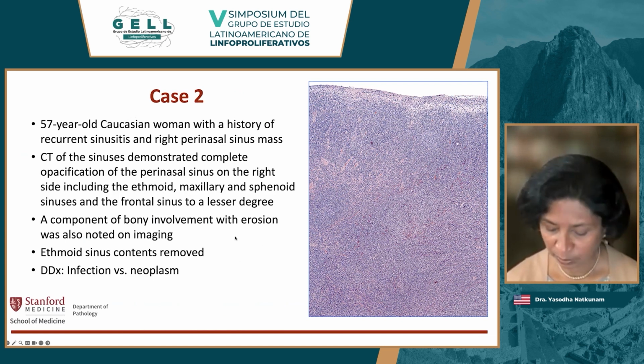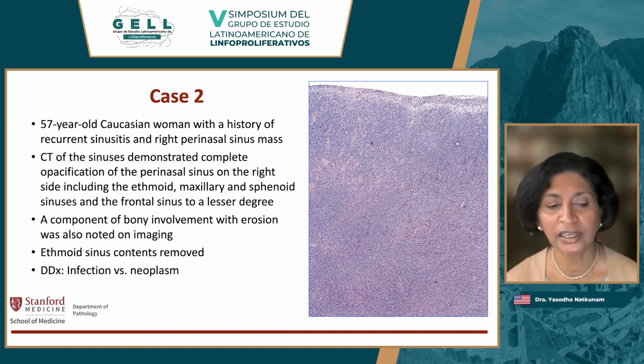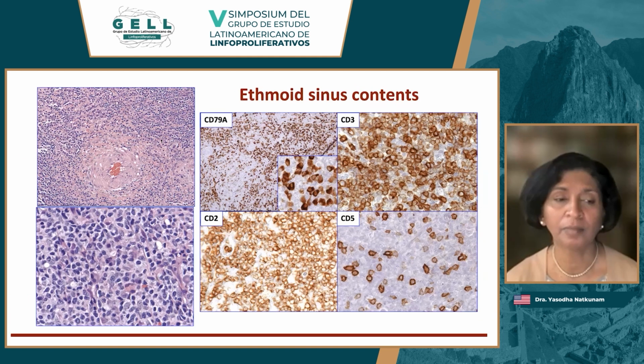So the ethmoid sinus contents were removed with the clinical differential of infection versus neoplasia. On tissue, we see these angiocentric, angiodestructive lesions. The cells here are not as pleomorphic as in the last case that I showed you, but very nicely express CD3 and CD2. They were negative for CD5 and also B-cell markers.